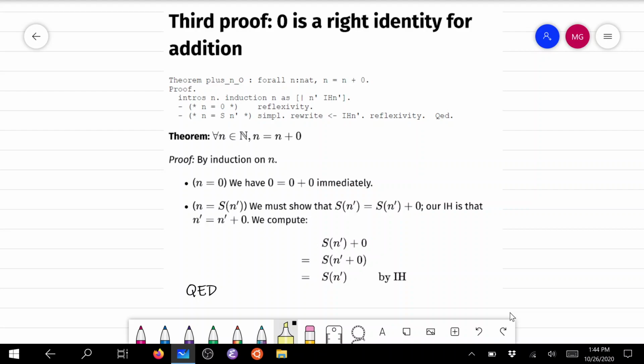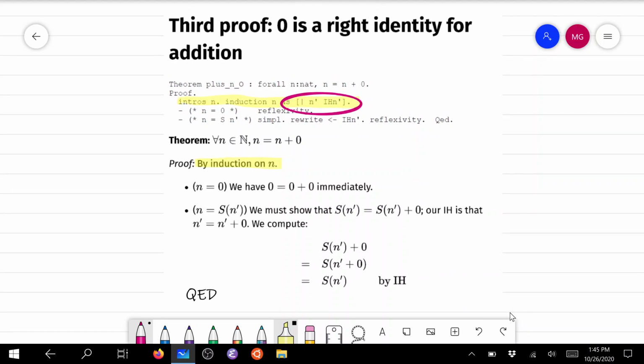Okay. Beyond that, you'll notice there's some differences here. So we say induction and then give this sort of pattern, and then here we just say by induction on n. This is a Coq only thing.